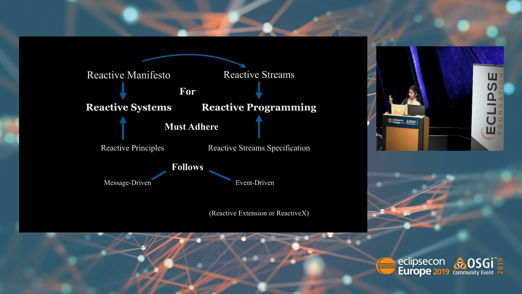And then another organization, reactive streams, came up to incorporate the reactive manifesto principles and try writing the reactive programming. It's for that. And reactive programming, yeah, there is a standard for that. That is the reactive stream specifications. So this is how all the reactive just sits into the picture.